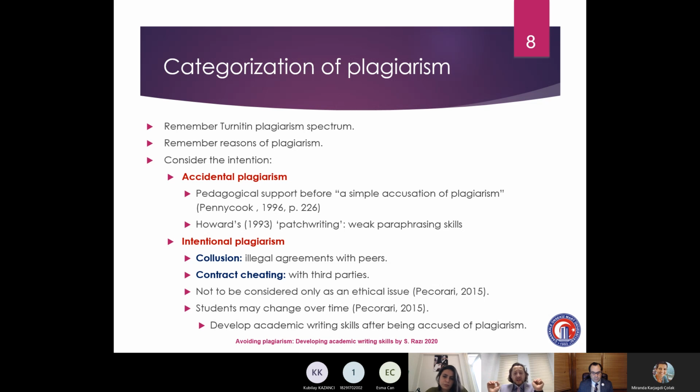But when we check the relevant literature, for example, the study by Honorary indicates that even intentional plagiarizers change their behaviors throughout the time.